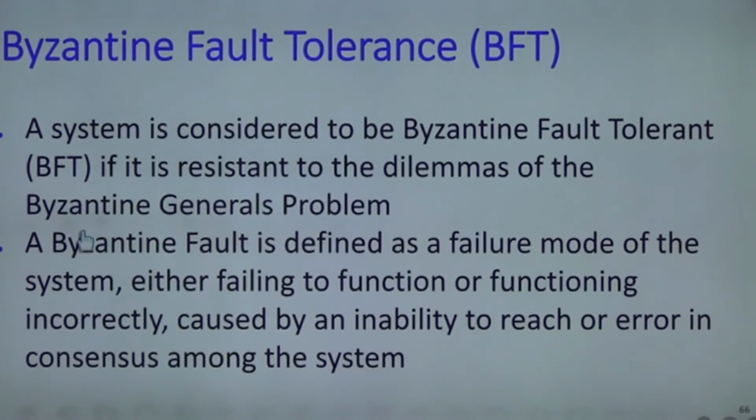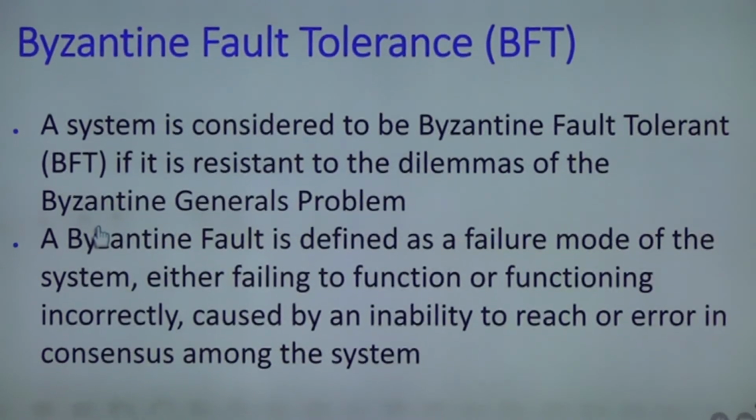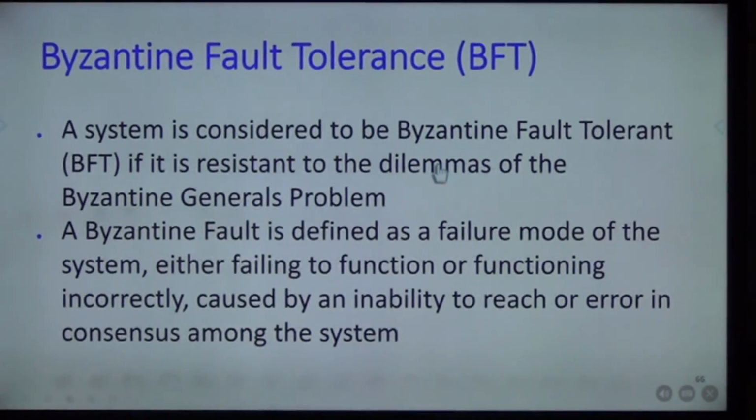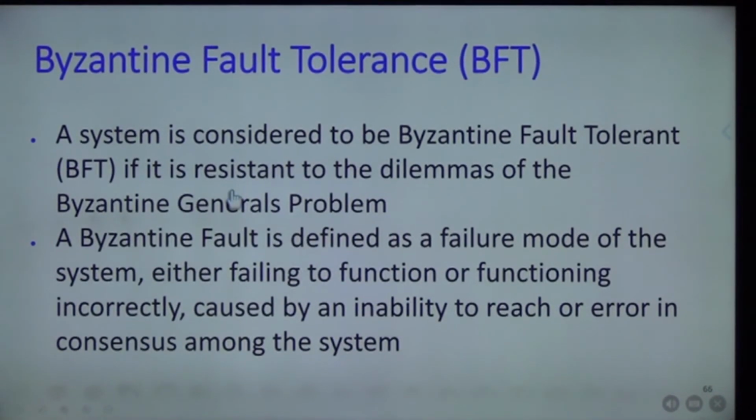So to resolve this problem, once you have distributed computing, they say you should have Byzantine fault tolerance. A system is considered to be Byzantine fault tolerant if it is resistant to the dilemmas of the Byzantine general problem. So in distributed computing, the whole system should be BFT.